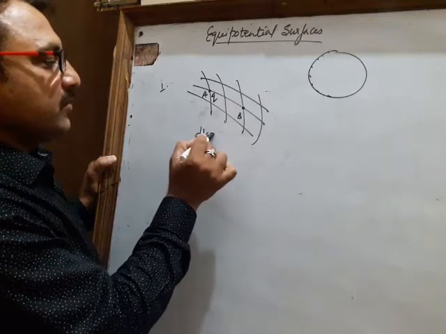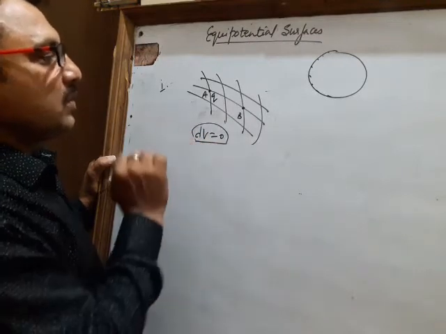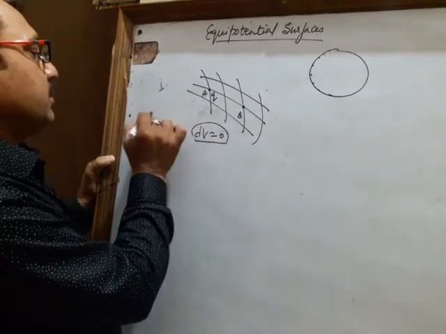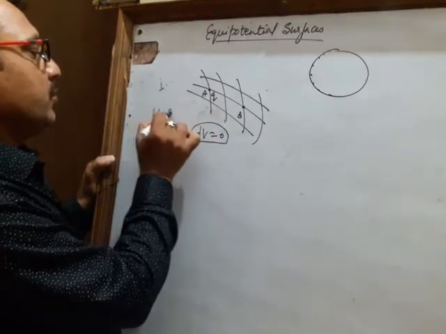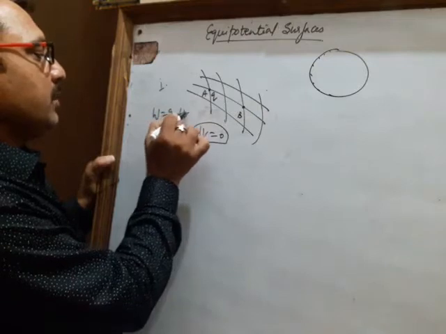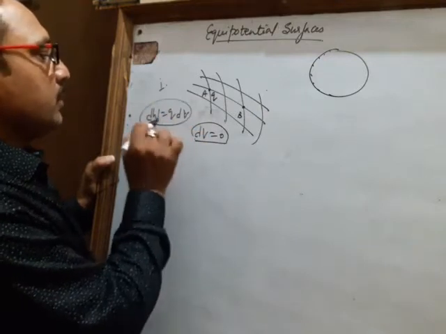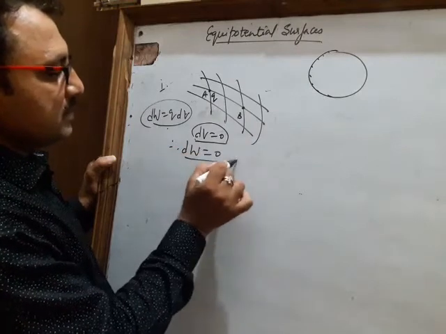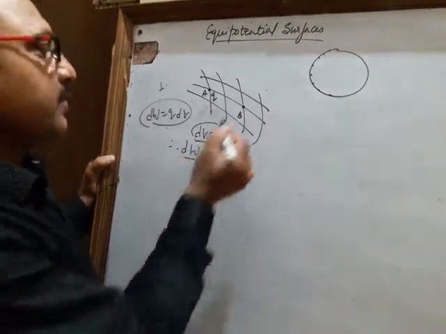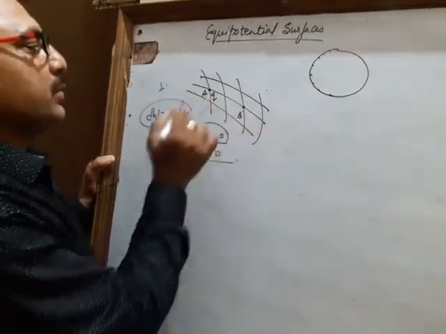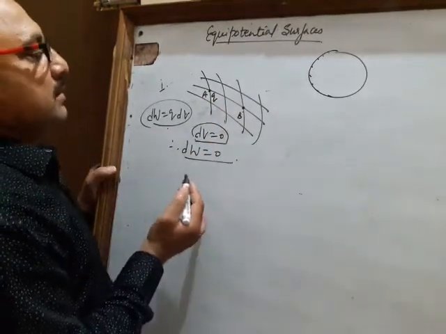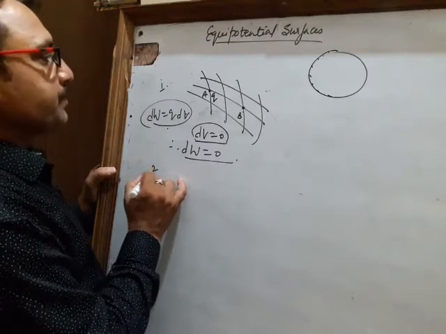That means dV is equal to 0. So what is work done? W equal to QV or QdV? dV is equal to 0, therefore dW equal to 0. So no work is required if you displace a charge from one point to another on the equipotential surface. This is one property.